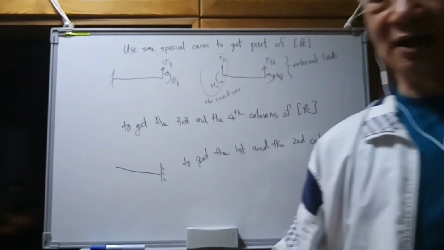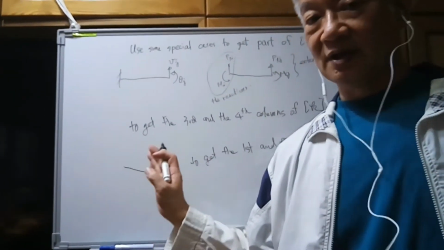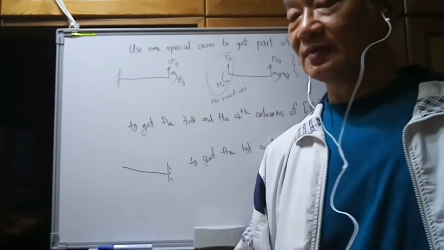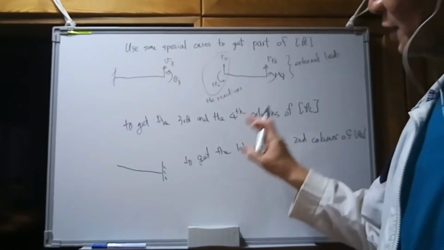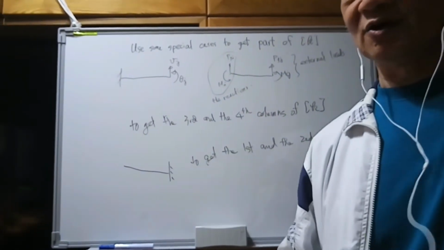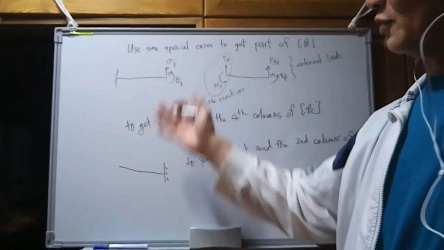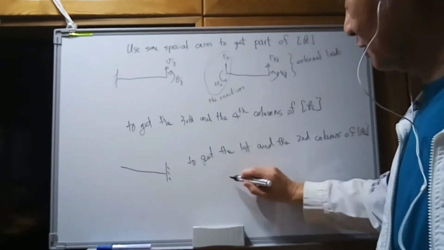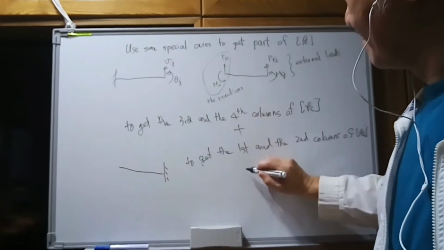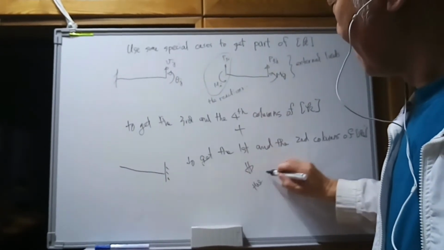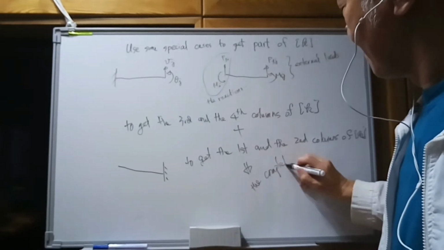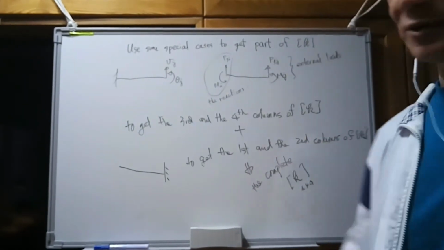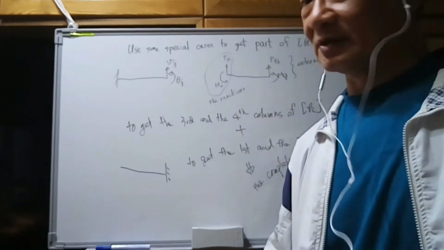Then we can use the cantilever beam and the fixed end supports at the right end. After we solve these problems, we can get the first and the second columns of the k matrix. So if we combine the results of these two special cases, then you can get the complete 4x4 element stiffness matrix.